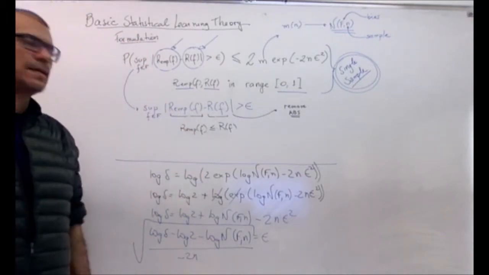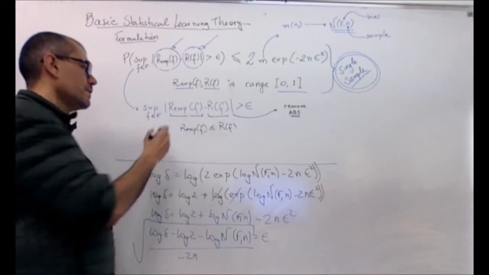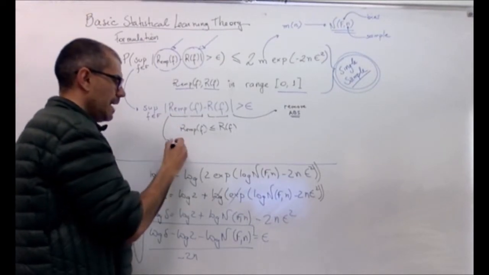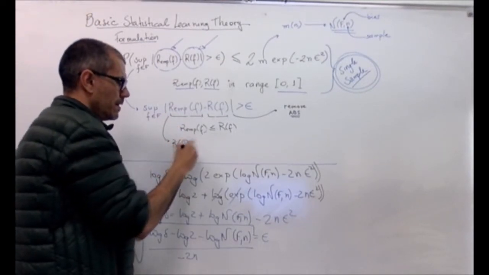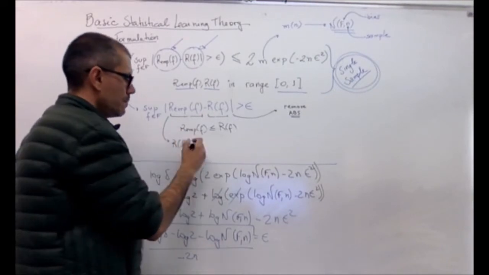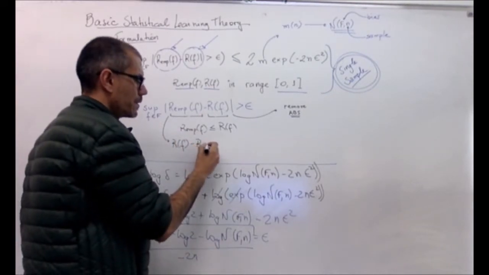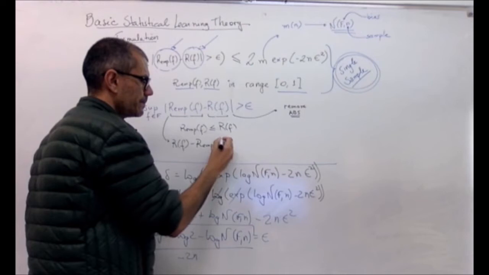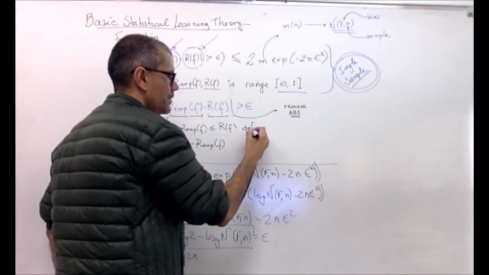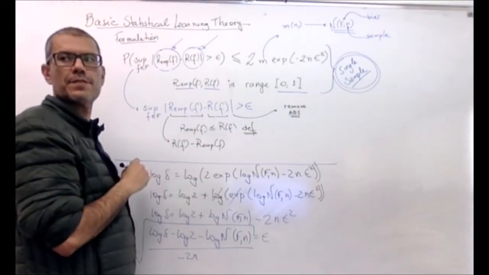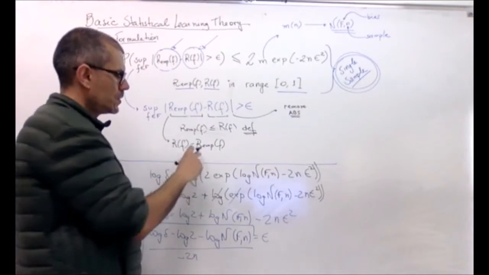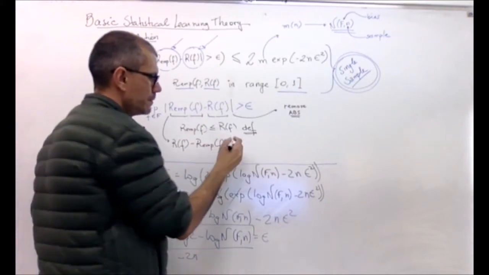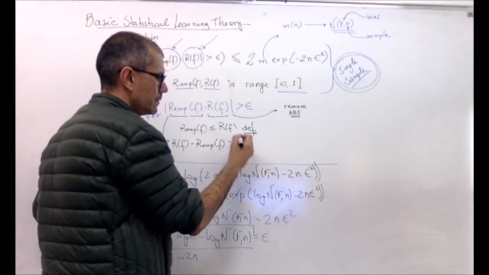So from that, I take this conclusion. I could invert this and have this expected risk minus the empirical risk of f, and this is by definition. This subtraction must be greater than epsilon.